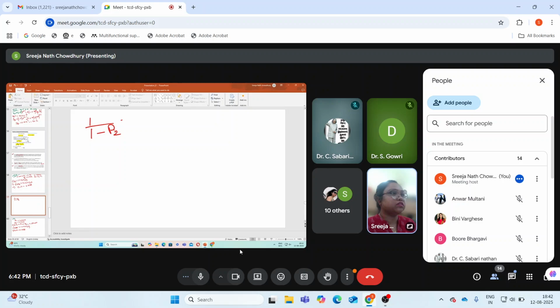F average is 4 into 1.5. Ma'am, in the second structure, it's not functionality 4.